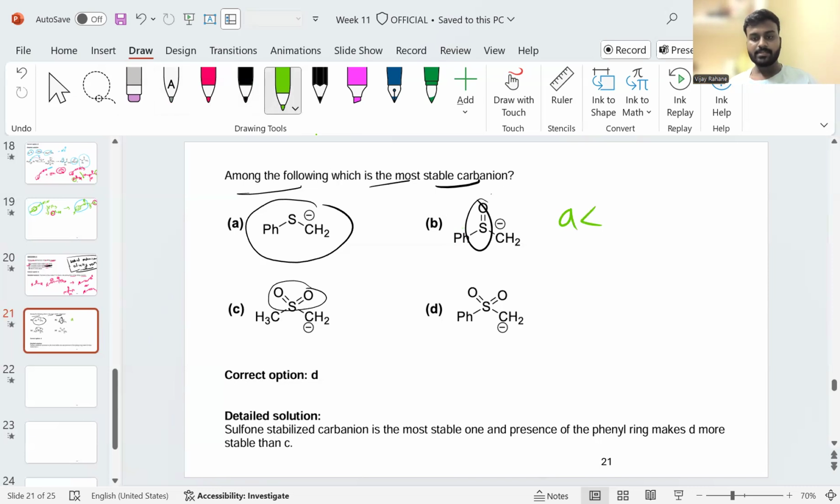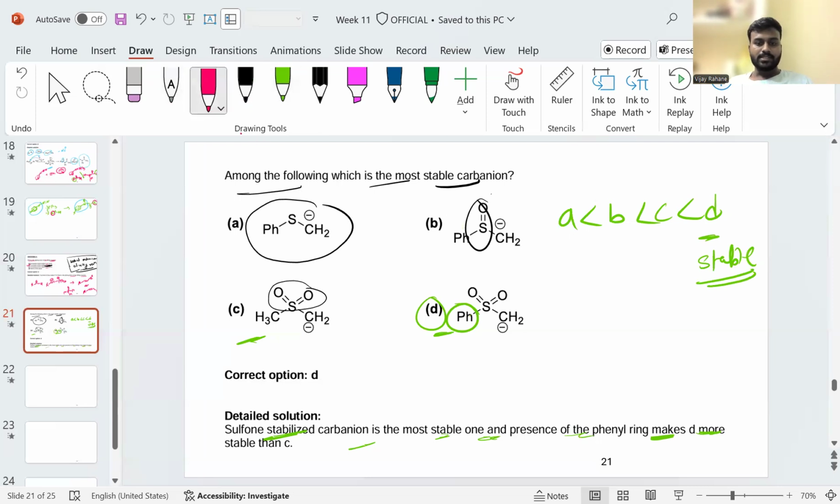A is the least stable, then B. Now the question regarding C and D. In these two, obviously it has the benzene ring, which again gives stability. The sulfonyl-stabilized carbanion is the most stable one, and the presence of the phenyl ring makes option D the most stable compared to option C. So option D is the correct option here, which has the S double bond O CH2, sorry, the Ph group.